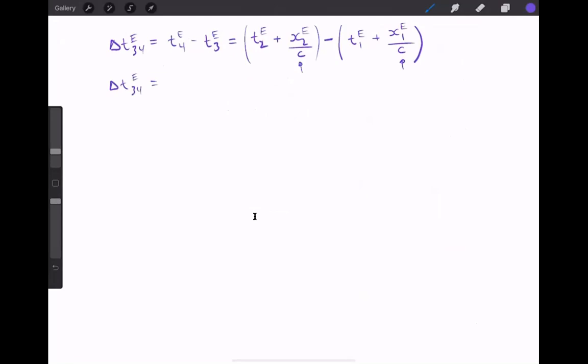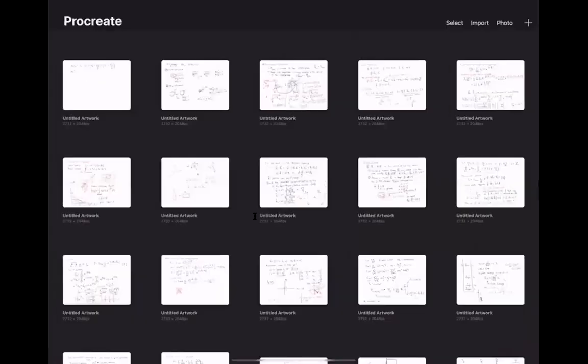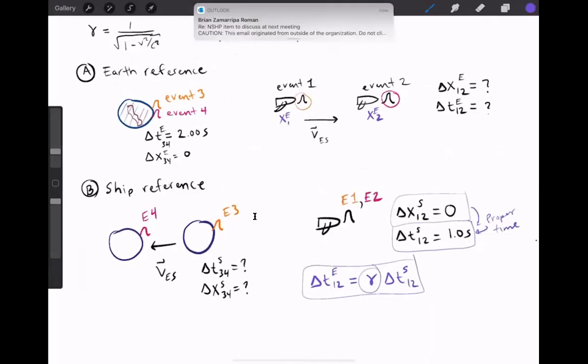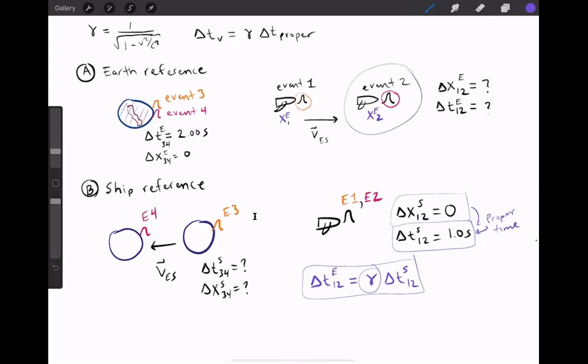Can you repeat how you got to this, T4 equals T2 plus X2? Right. Let's go back over here. So event 2 happens, and then that signal is traveling at the speed of light and reaches Earth, and that happens to be event 4.